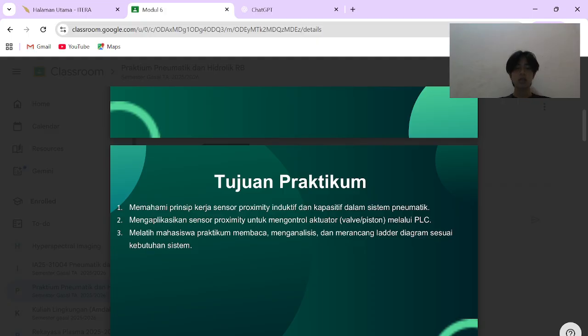Three, to train students to read, analyze, and design ladder diagrams based on system requirements. The main purpose of this practicum is not just to study the components individually, but to understand how each component works together as a system.